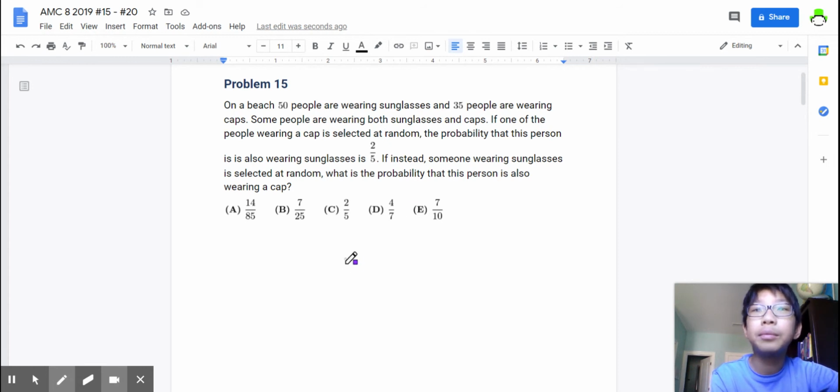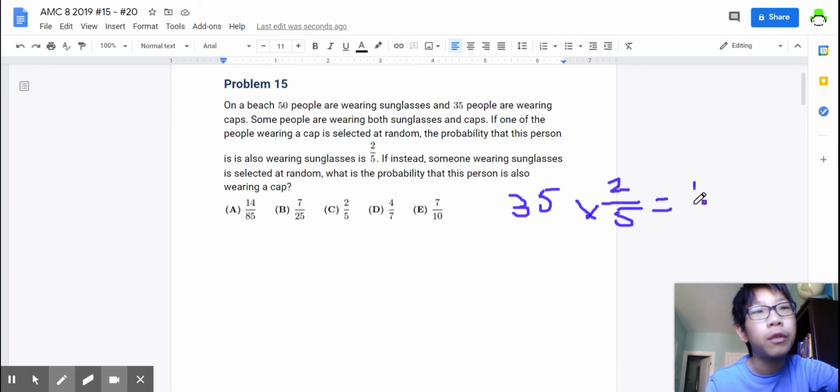So we can say that since we know that 2/5 of the people wearing caps also wear sunglasses, that means there's 14 people wearing both, because 35 times 2/5 equals 14.